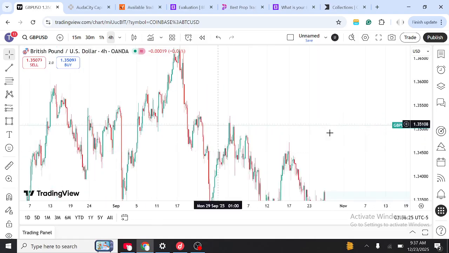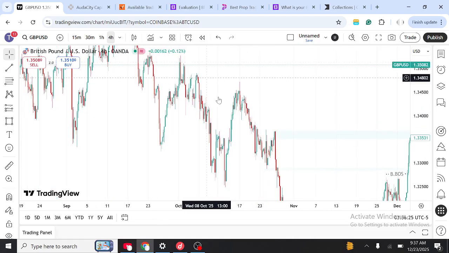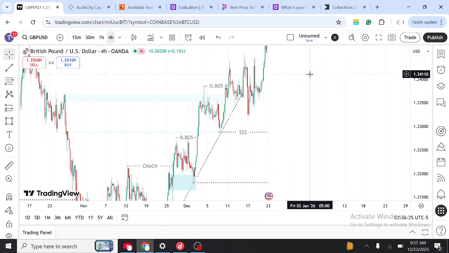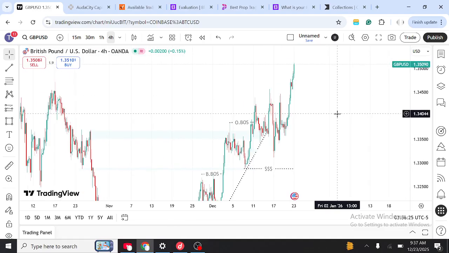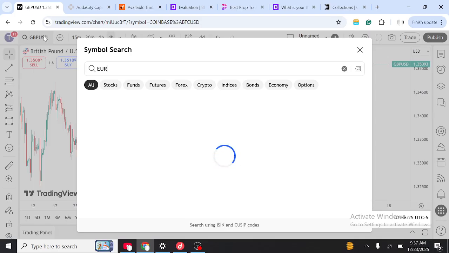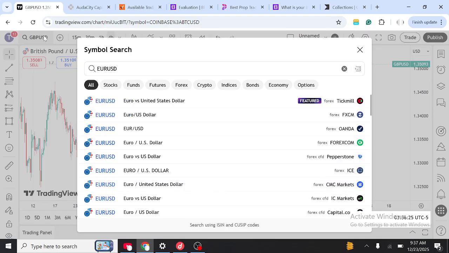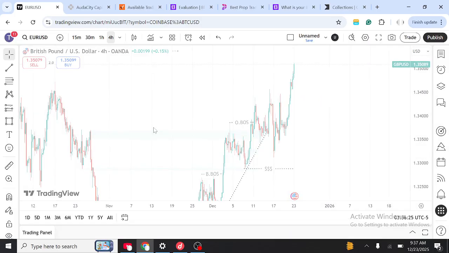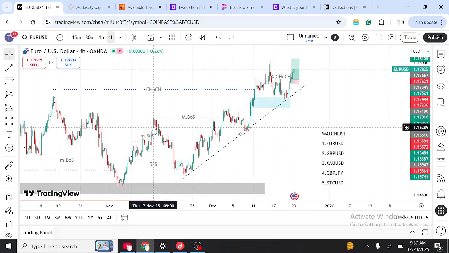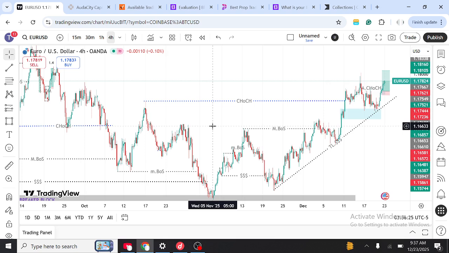Okay, now the second one is on 15-minute time frame. So after we have confirmed our entry, okay, after we have seen our change of character on 15-minute time frame. So when we go to 15-minute time frame, what are the things that we should look out for?